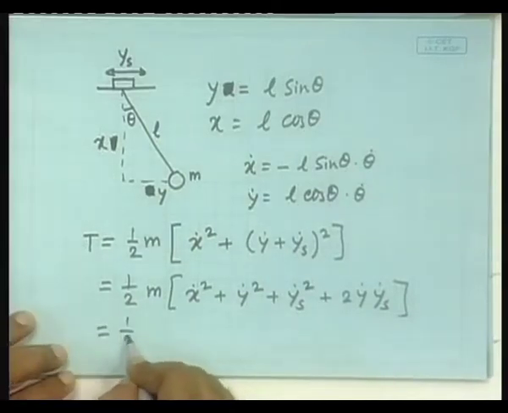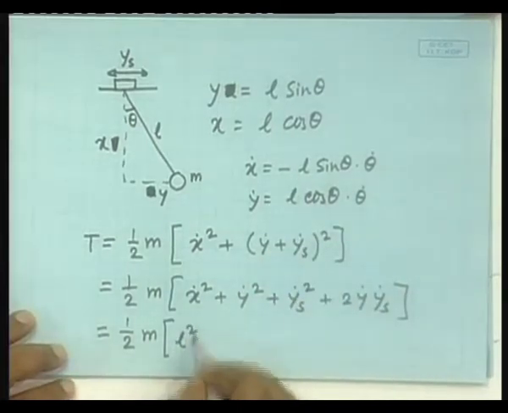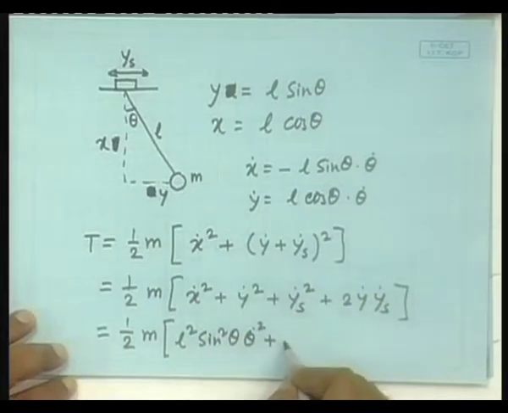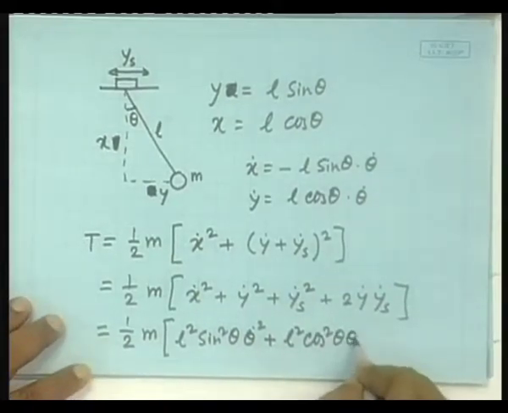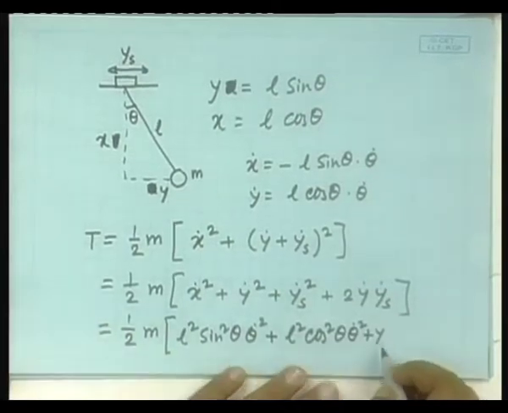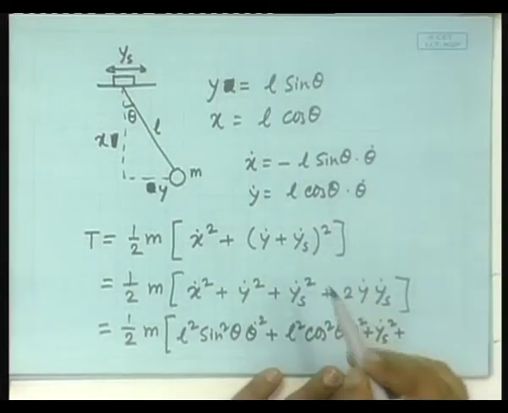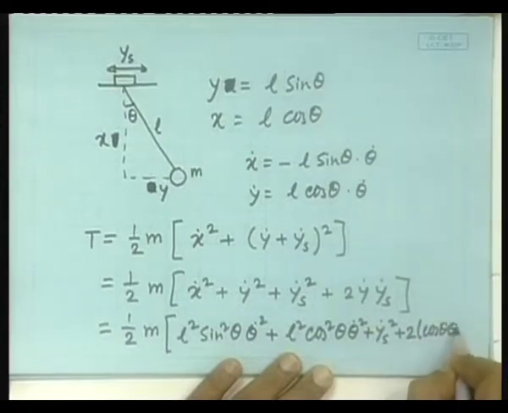So, we substitute: x dot squared is L squared sin squared theta, theta dot squared, we have already done it, plus L squared cos squared theta, theta dot squared, plus y dot s squared, plus twice y, this comes down, twice y dot is L cos theta, theta dot times y dot s.